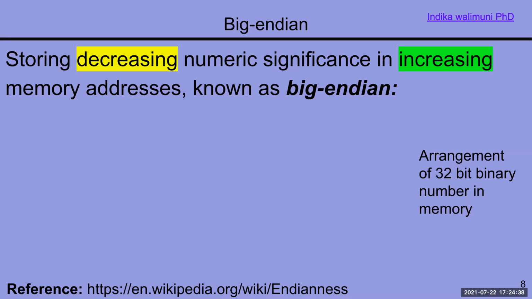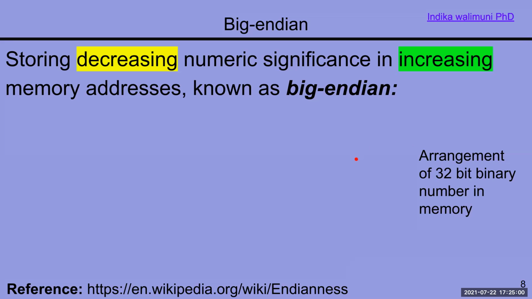Okay, so again, we store decreasing numeric significant values, or bytes, in increasing memory addresses, which is known as big endian. So let's take a 32-bit binary number in memory.